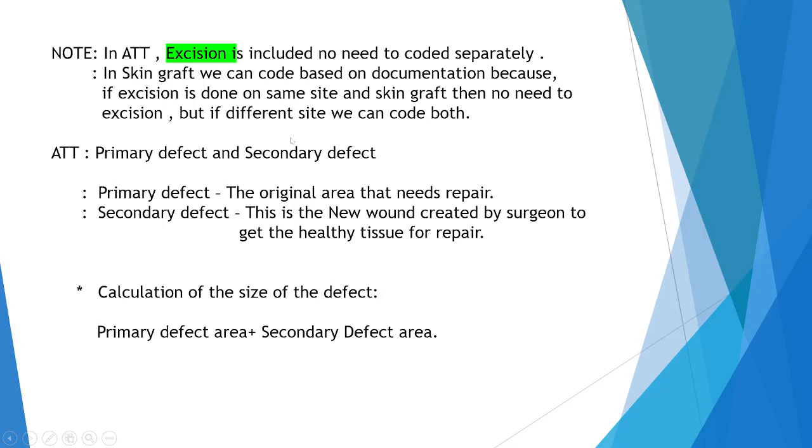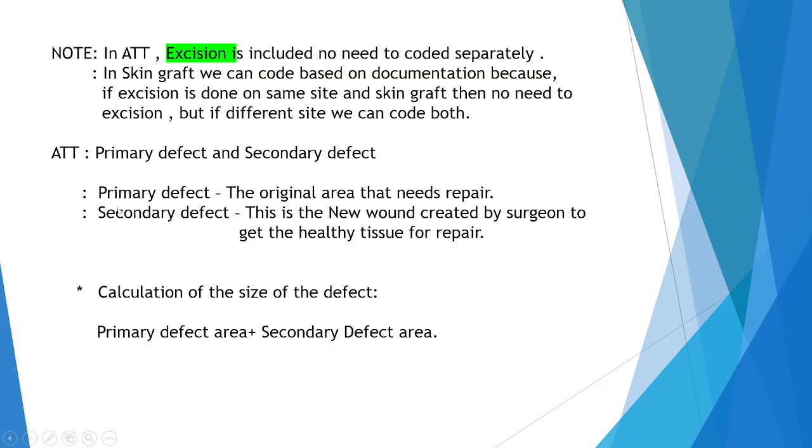So simple. Now for proper ATT coding, we have to understand the primary defect and the secondary defect, because there is an adjacent tissue transfer from the donor area to the recipient area. That's why there will be two defects. What are the two defects?